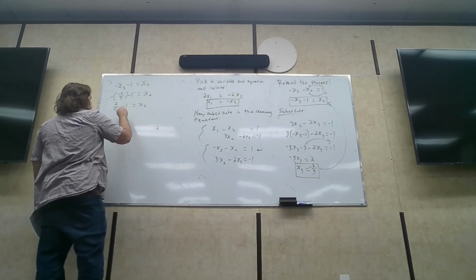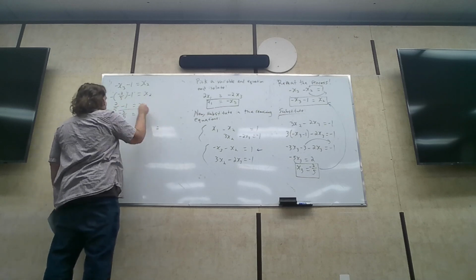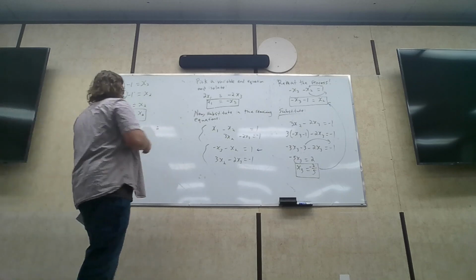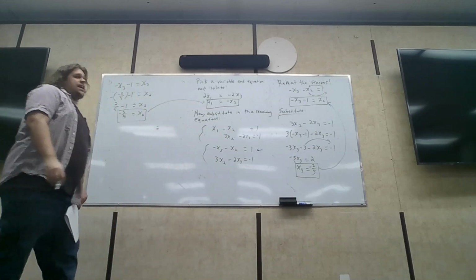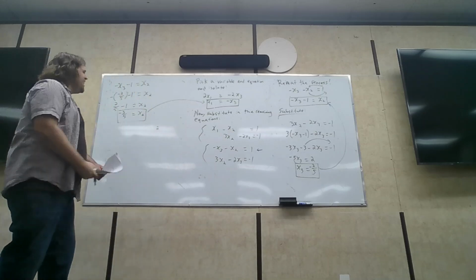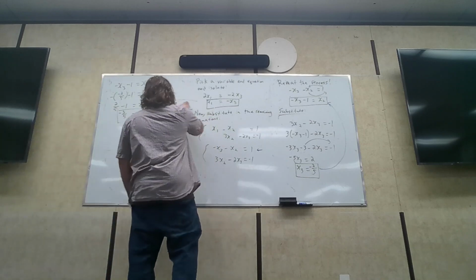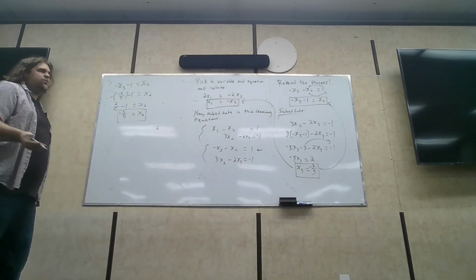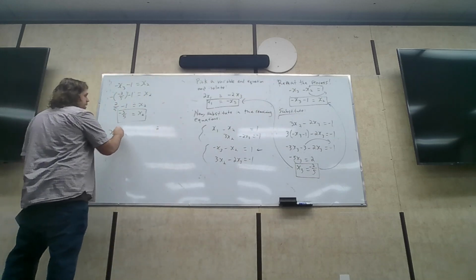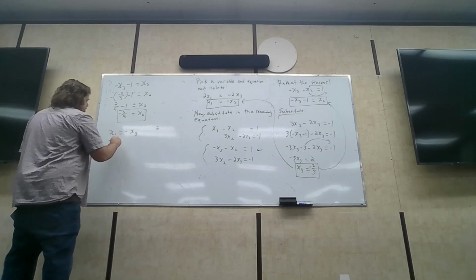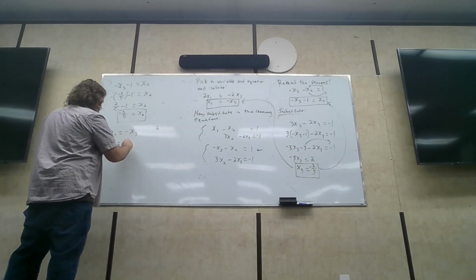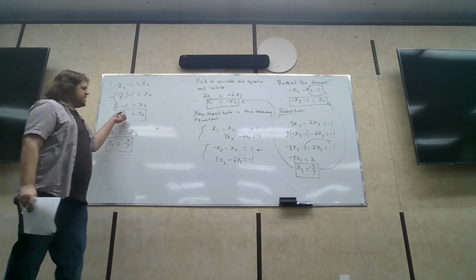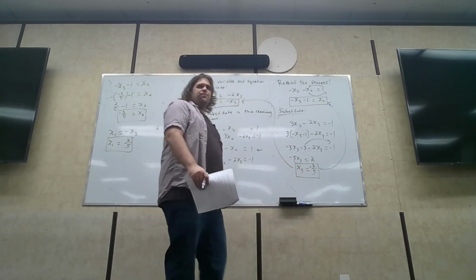Don't worry, it's minus 3 over 5. It's a fraction. But again, tells us what that is. Now we know what x2 is, which we then can use to get x1. Well, actually, turns out we don't need x2 for this. We need this. But the point is, we have the information we need, right? x1 equals minus x3. So x1 is 2 over 5. So hey, x1 is this, x2 is this, x3 is this.